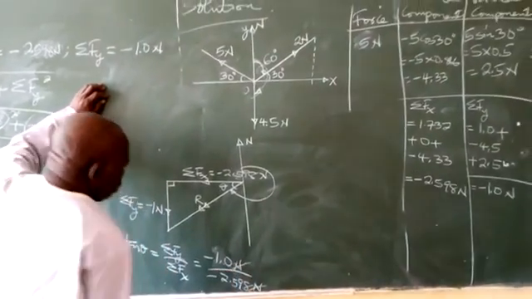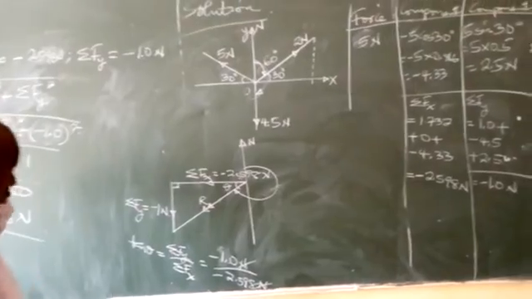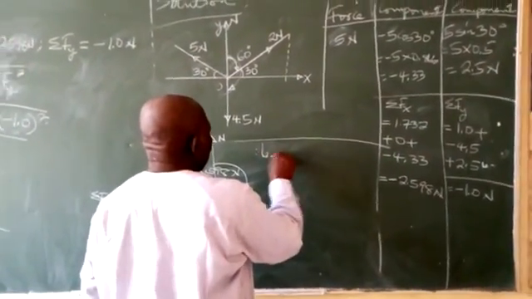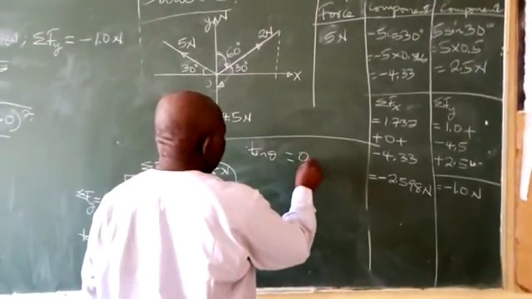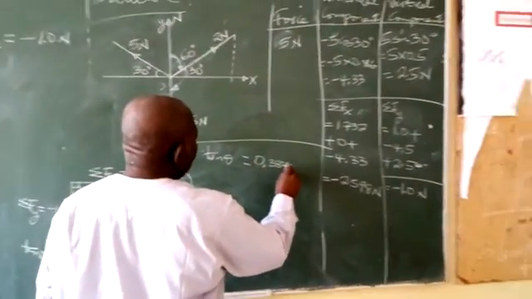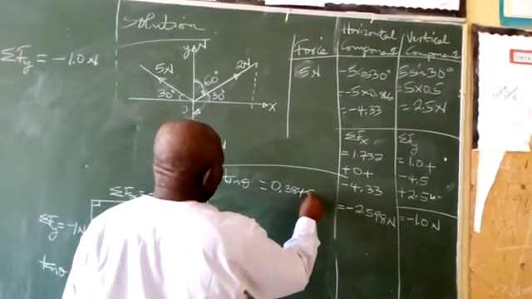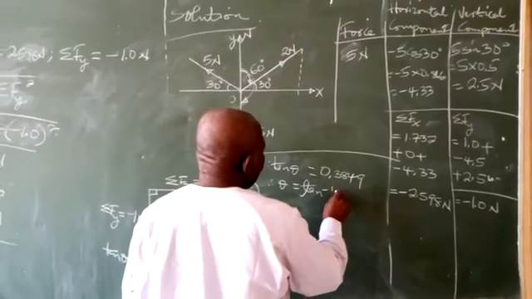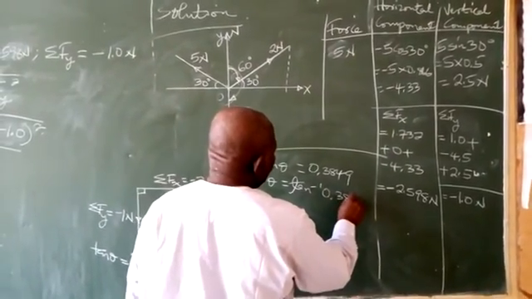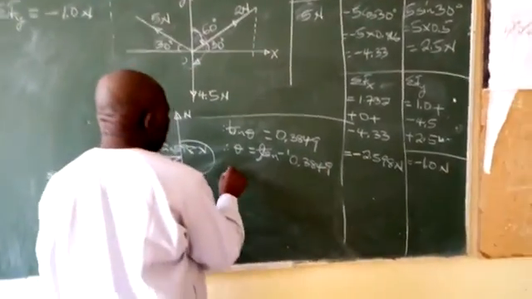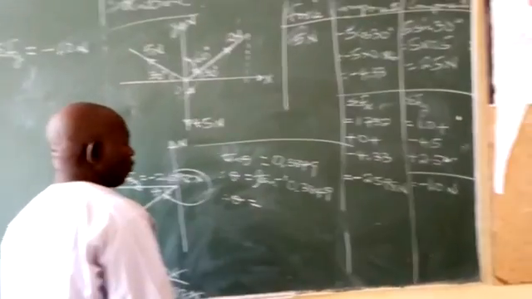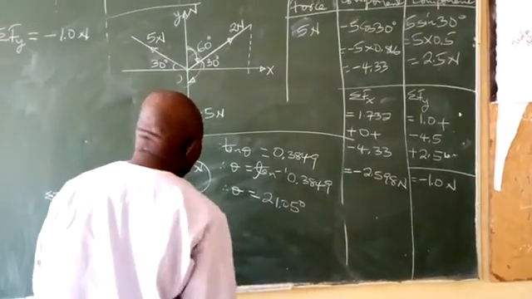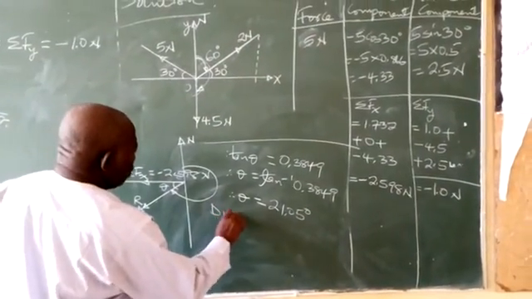Newton will cancel out, minus will cancel minus. Therefore, tan theta is equal to 0.3849. So theta is equal to the tan inverse of 0.3849. Theta is equal to 21.05 degrees.